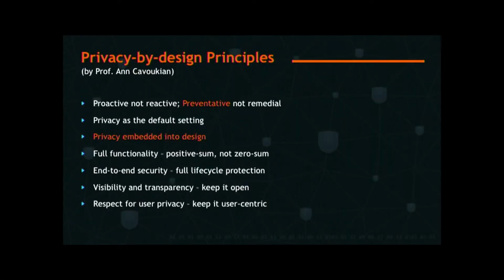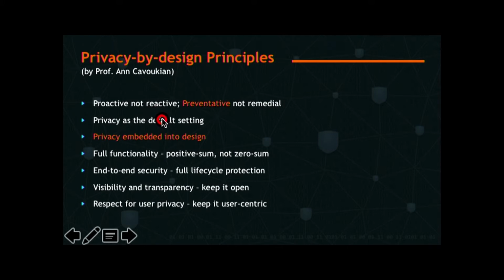A few years ago, a professor, Cavoukian, introduced a concept called privacy by design. I think those principles apply to security too. You want to anticipate any privacy issue, so it has to be preventative, not reactive.